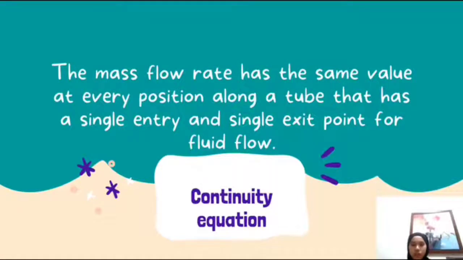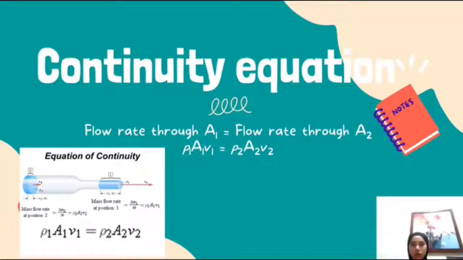Continuity equation. The mass flow rate has the same value at every position along a tube that has a single entry and single exit point for fluid flow. This is a picture that I got from the internet. Flow rate through A1 is equal to flow rate through A2.